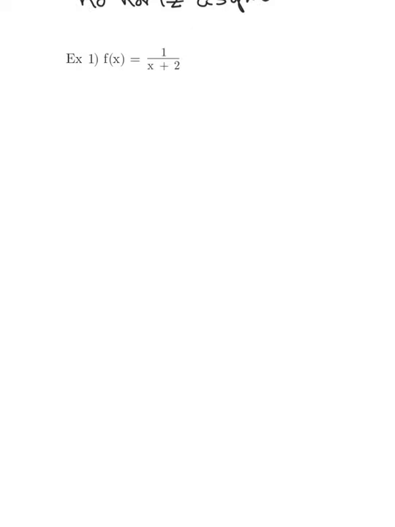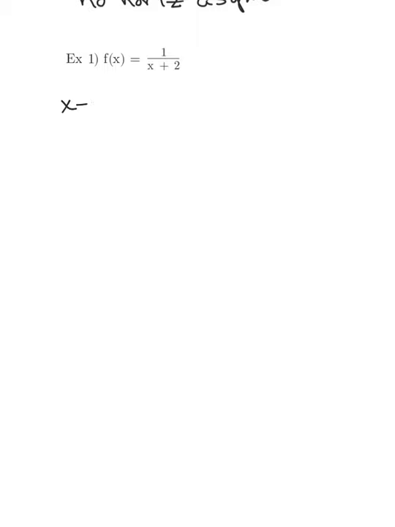Now we are ready to actually graph a rational function. The function we are going to look at is 1 over x plus 2. Let's look for our intercepts first.